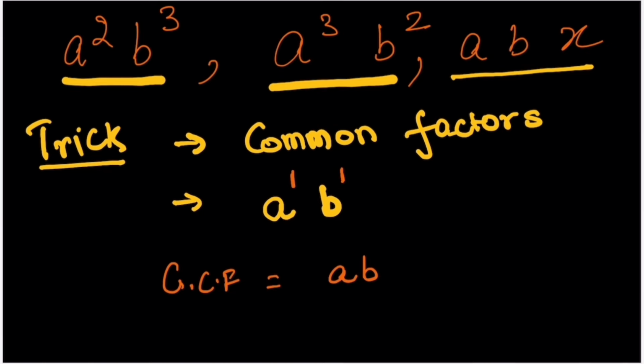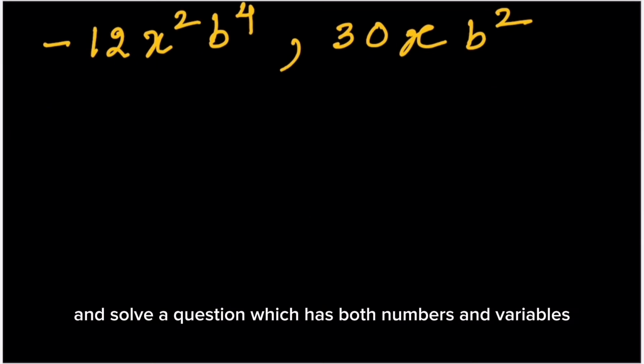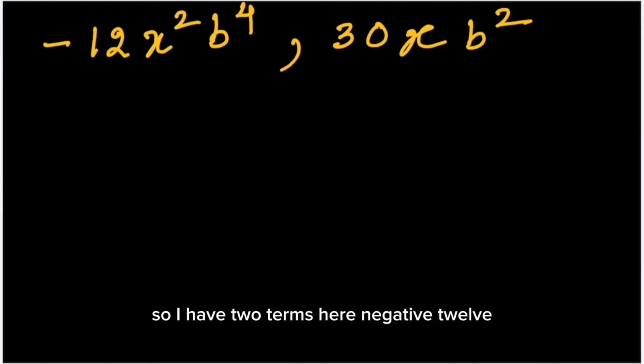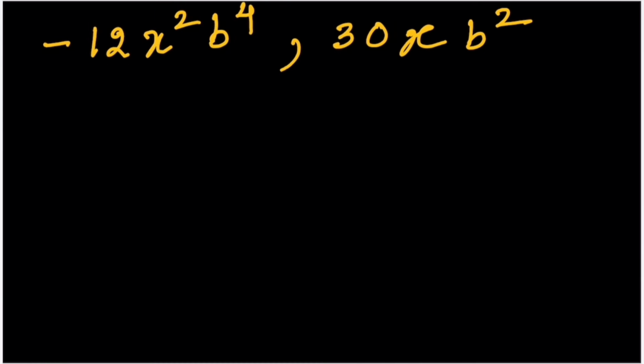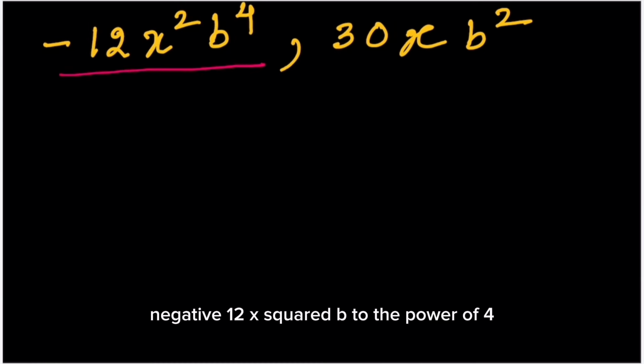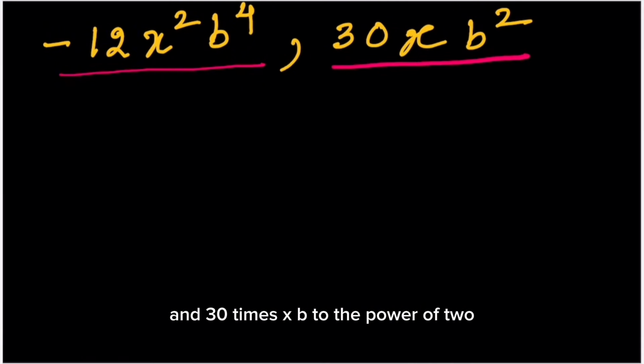All right. So now let's apply this information and solve a question which has both numbers and variables. I have two terms here: negative 12 x squared b to the power of 4 and 30 times x b to the power of 2.